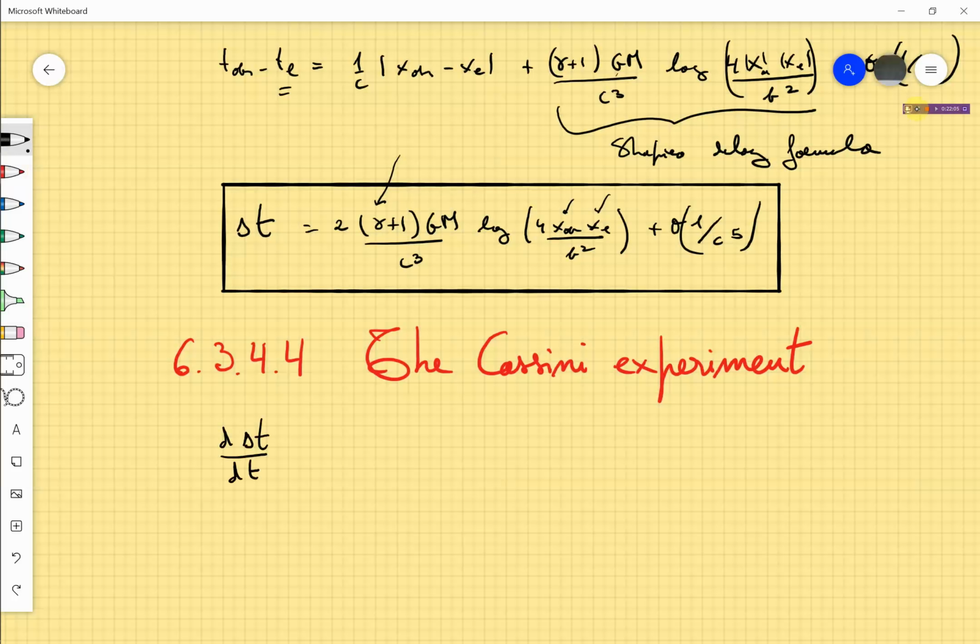This is delta T divided by 2. And if you take the derivative, you take into account that the impact parameter changes with time, because you are following the Cassini spacecraft, which follows Saturn, and Saturn goes close to the sun, and also the Earth moves, so the parameter b changes.